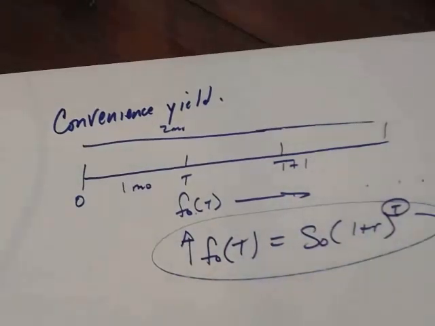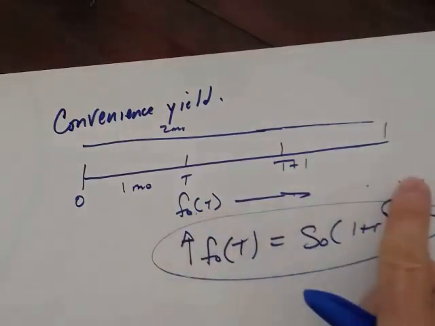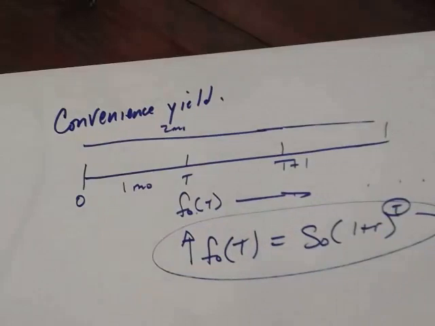Now, you could try to explain that by saying, well, maybe there's going to be more supply of oil in the future. That idea of supply possibly could explain it. But the problem with that explanation is you see it too often, too long, and it's too consistent a negative relationship between the futures price and more distant contracts. So what people have realized is that there's a convenience yield, especially with oil.